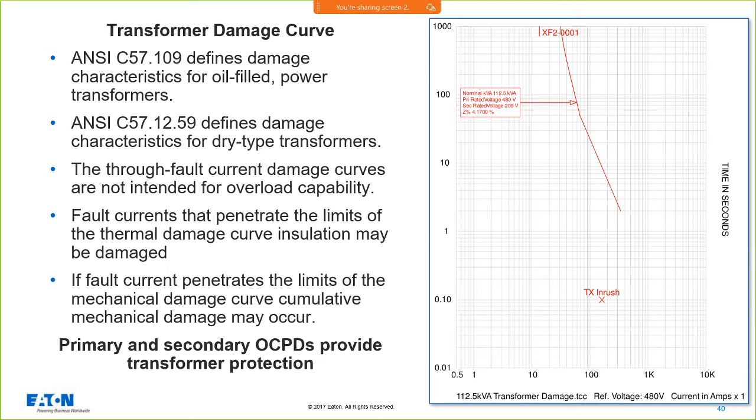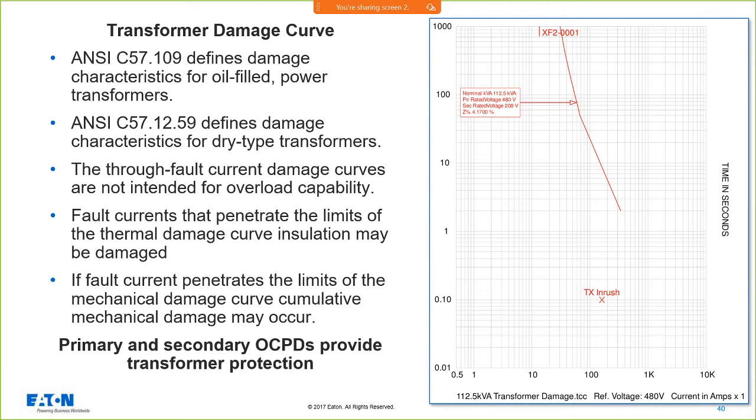ANSI C57.109 is the oil-filled. C57.12 gives you your dry type transformers, and they categorize the dry type transformers in categories 1, 2, and 3. I think it's in my buff book.